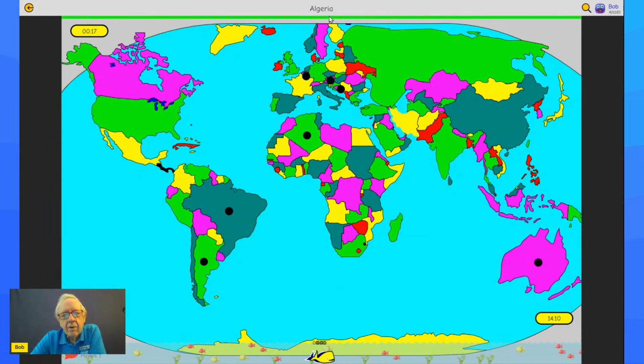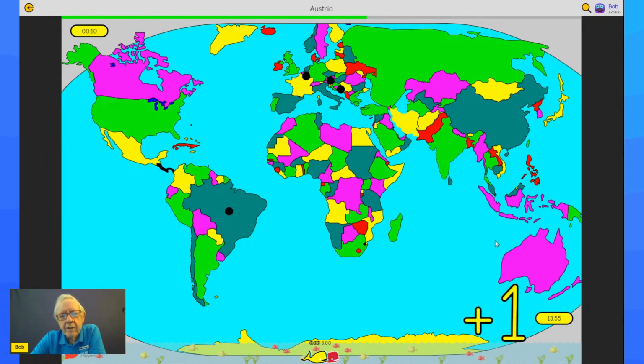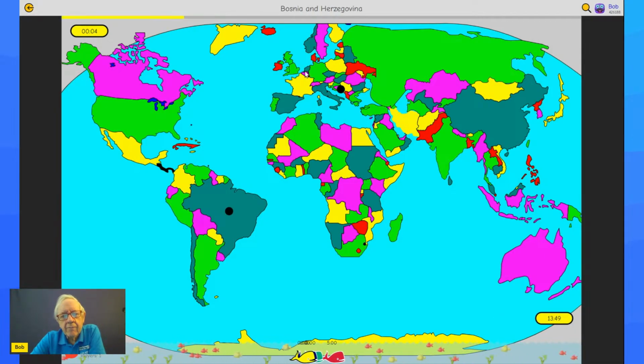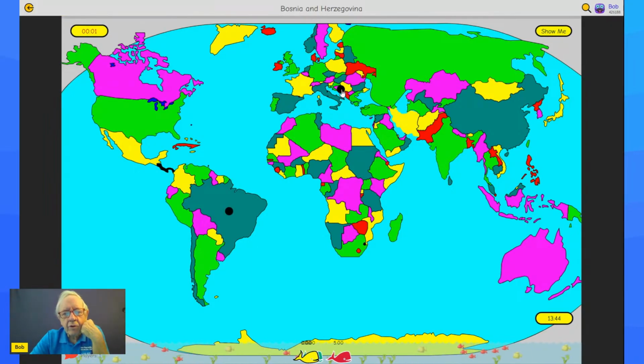We're reviewing the countries that were in the World Cup. It asks for Argentina. What's it asking for? Algeria. There we go, Algeria. I got to look at the question. Argentina, Australia, Austria, right below Czech Republic, Belgium, right next to the Netherlands, Bosnia and Herzegovina, Brazil.